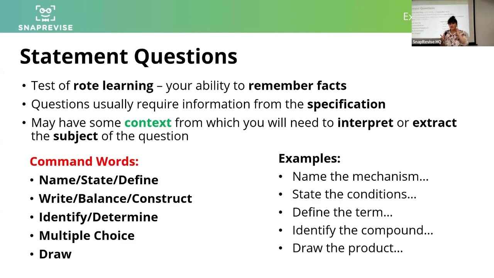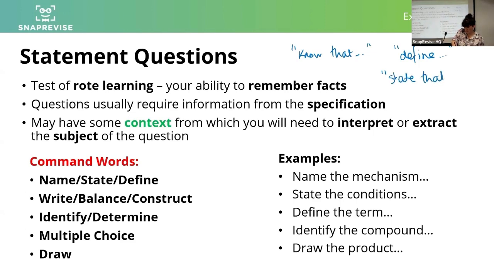Because in your specification, if you see phrases such as know that, or state that, or define the term, whatever, that's telling you you have to be able to recall this. You could be asked to recall this in an exam. So know that, state that, define. These are things that you'll find in your specification that will help you to understand that this is stuff you need to recall in an exam.